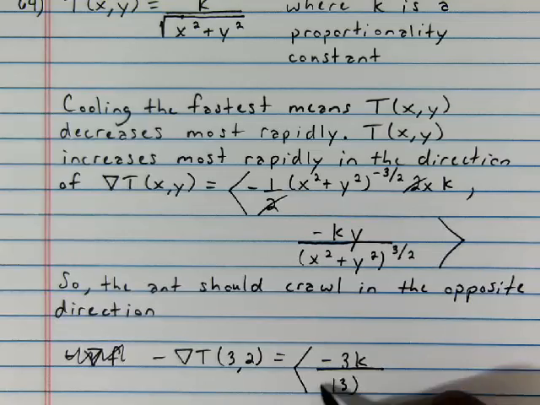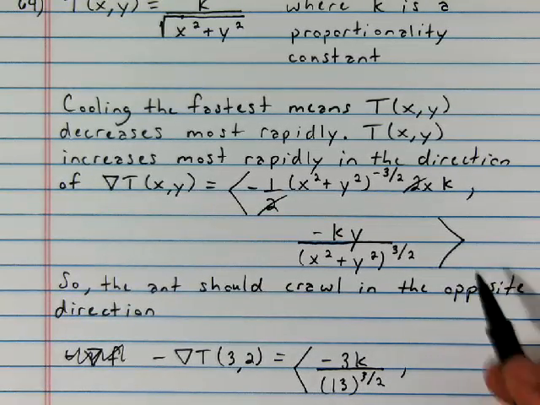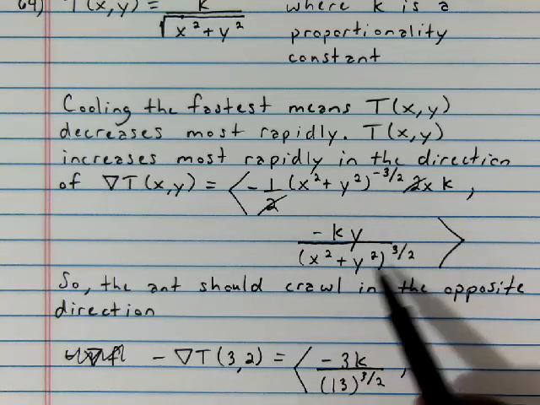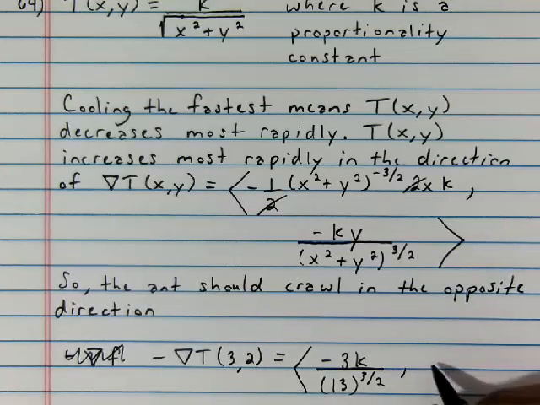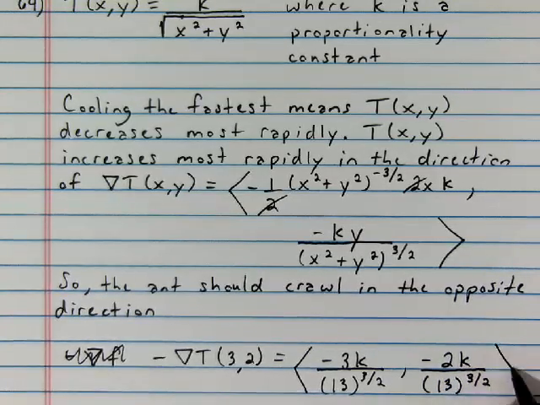Now we are putting that same stuff in right here, and we're putting in y is 2, so negative 2k over 13 to the 3/2. All right, and I think that's all they wanted. In what direction should the ant crawl to cool the fastest? The ant should crawl in the direction of this vector right here to cool the fastest.